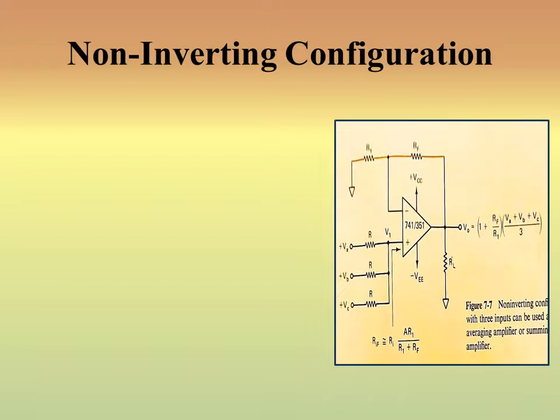The basic figure is as shown here. Here you can see that all the three inputs are applied at the non-inverting end of the operational amplifier. So we'll discuss how this circuit can behave as a summing amplifier or an averaging amplifier.